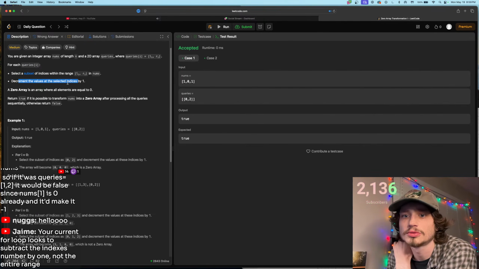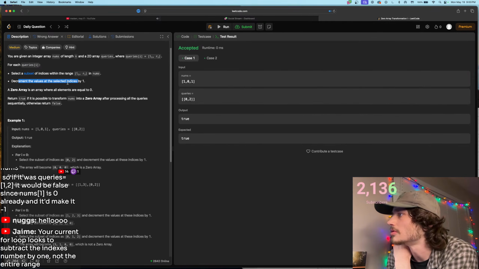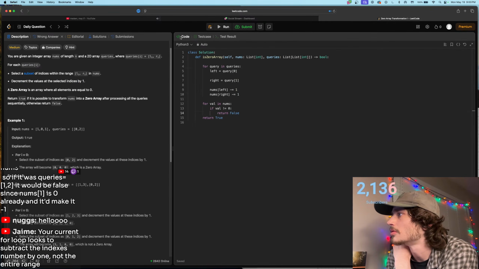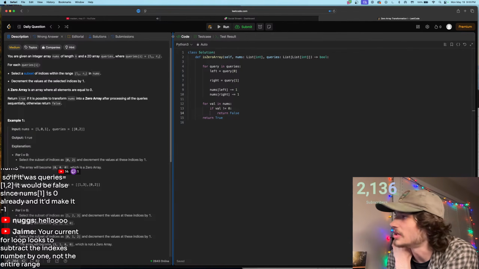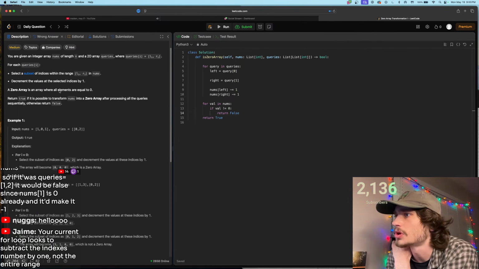Current loop looks to subtract the index's number by 1, not the entire range. Oh, you do the range of 0 to 2, you subtract by 1? Oh. A subset of indices within the range of left to right.